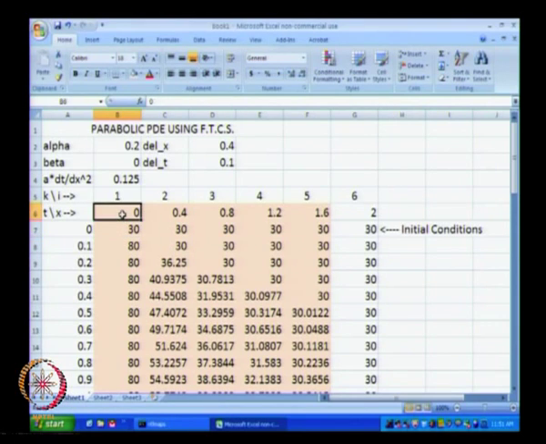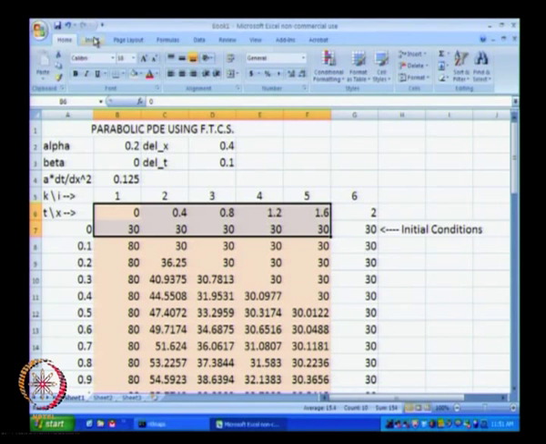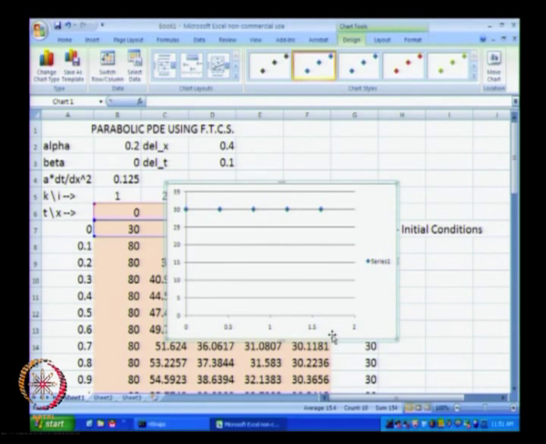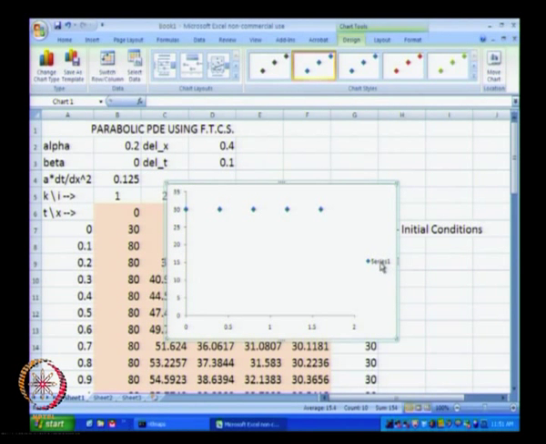So we will select these as our temperature values. Insert, we will do a scatter plot. Okay, and we will delete this series 1.